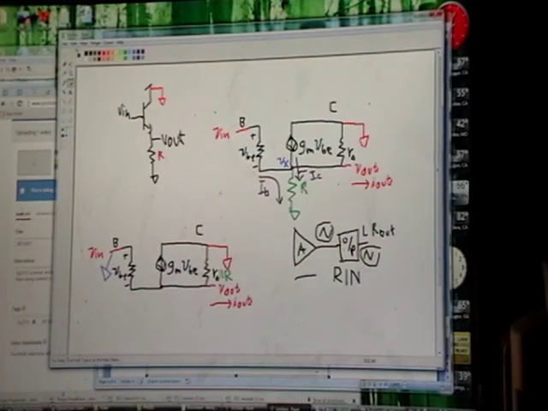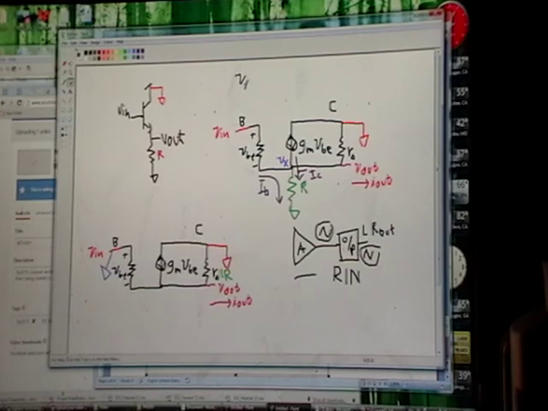So what you have here is Vx equals IB, it would be much faster to do it in the other thing, but IC, this whole thing times R.